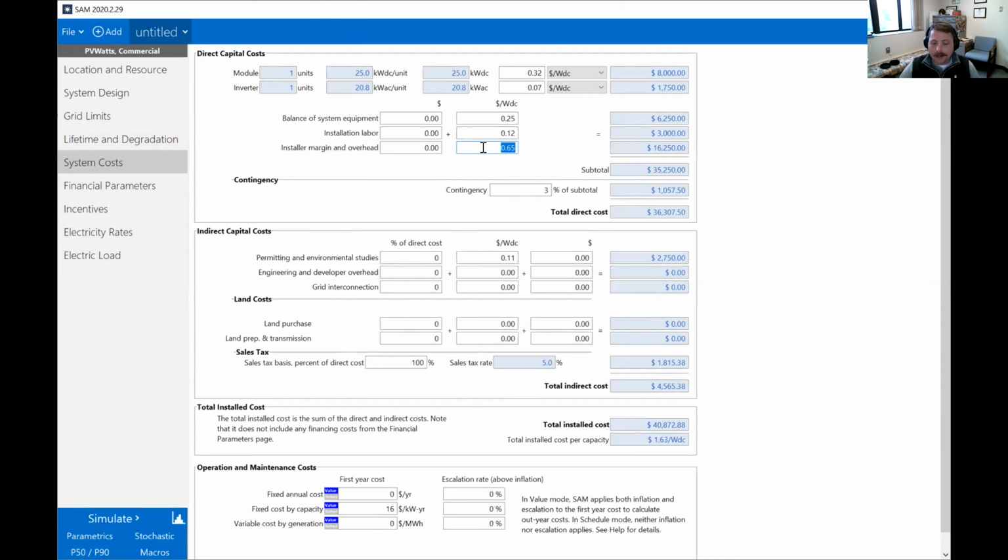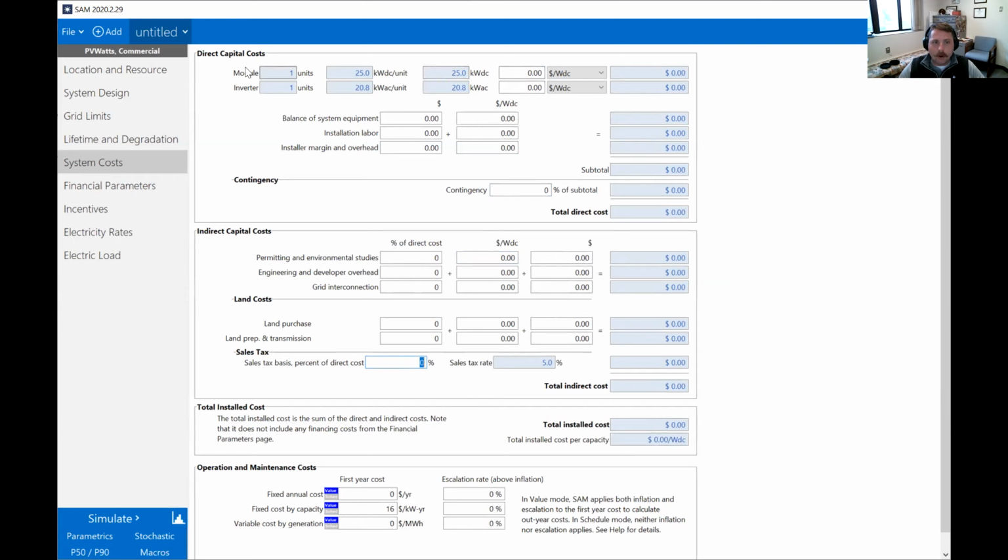They're going to tell us a price that we're going to pay, so we're simply going to zero everything on this line out, the whole thing. We know we're at zero because this bottom right-hand number is $0 per DC watt.